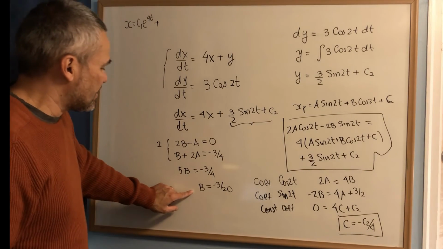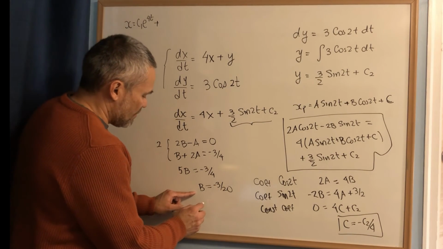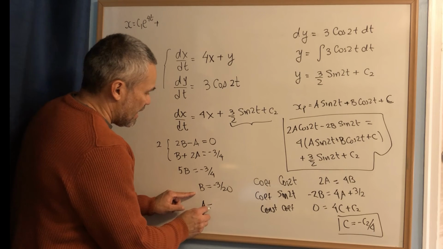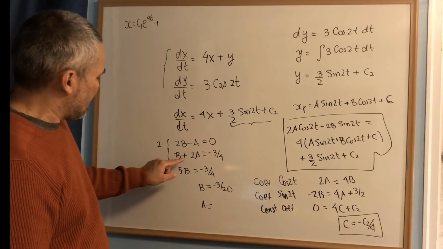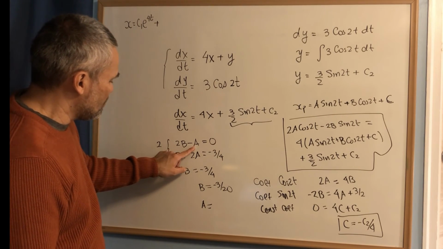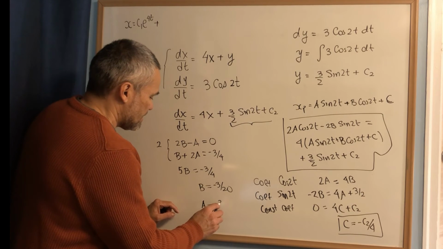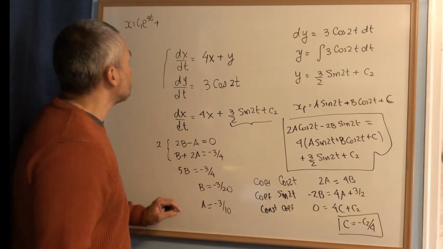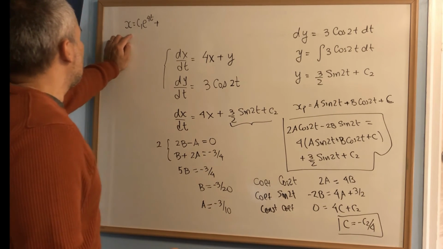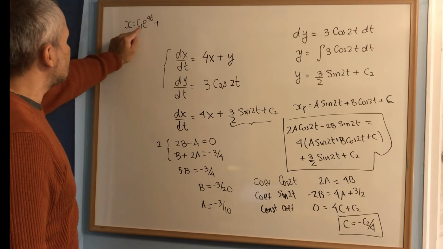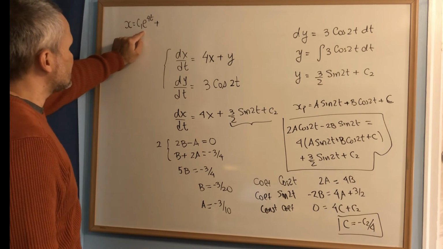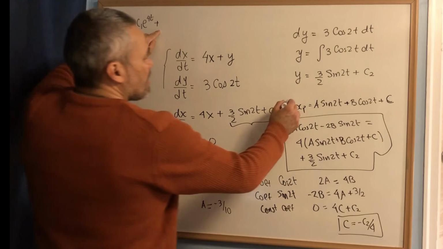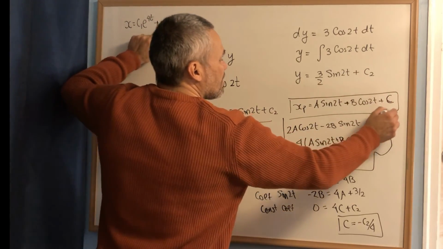Okay, once we have that B is negative 3 over 20, then what is A? From here, A is equal to 2B. That means that A is negative 3 over 10. That means that the solution for X is the solution of the homogeneous, which is this, plus the particular.